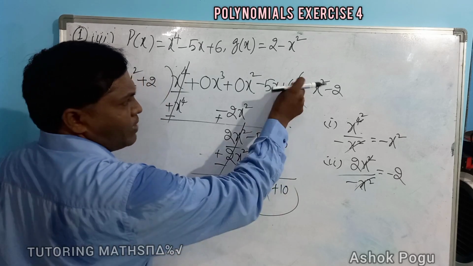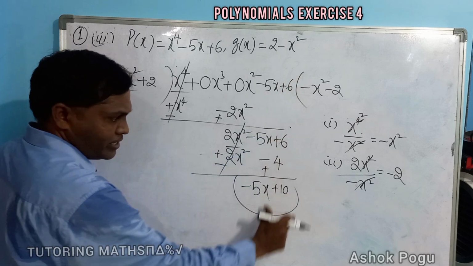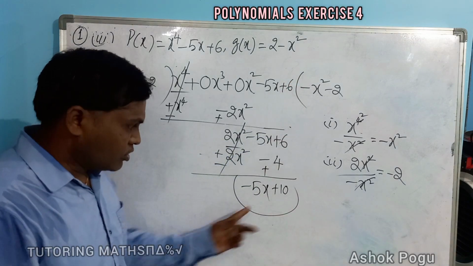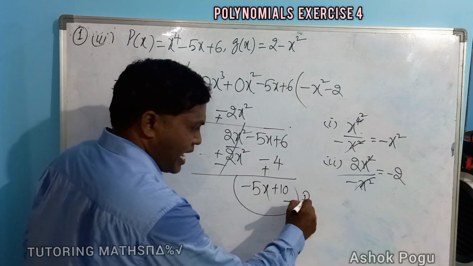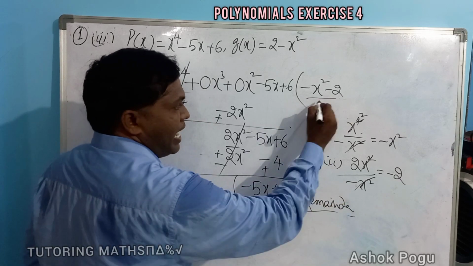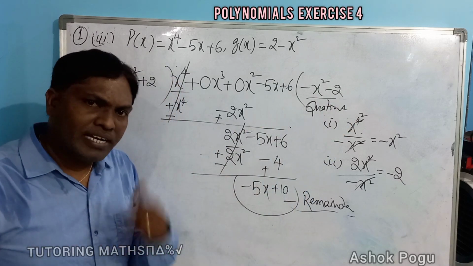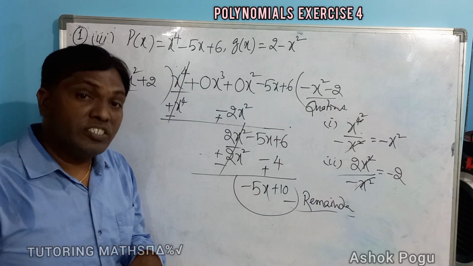Now that's all. Every term of this dividend polynomial has been divided. So the process is finished. So finally we have got this as a remainder and this as quotient. But in the examination, my dear students, the presentation is very important.